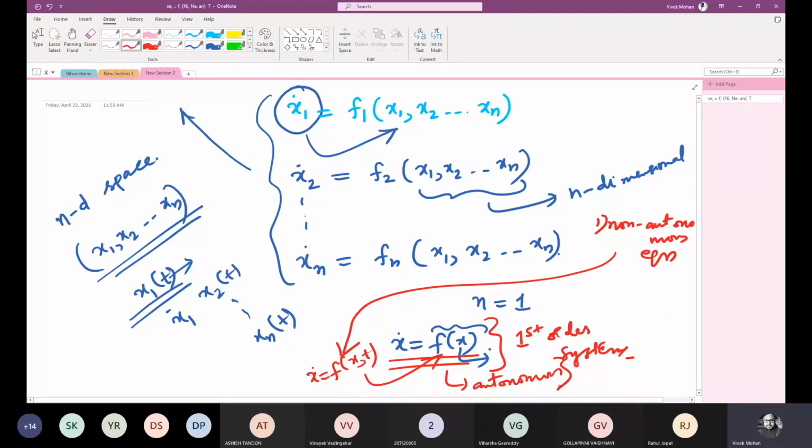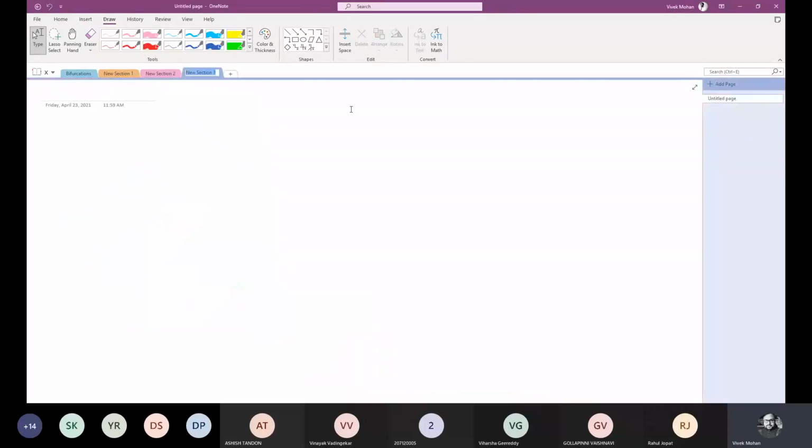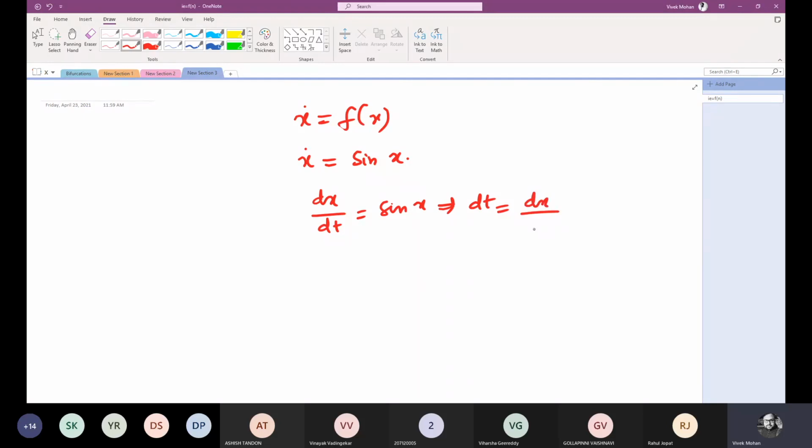Now we'll see the geometric way of thinking for these equations. Let's take x dot equals f of x as a nonlinear function, x dot equals sin x. Okay, sin x. Now, what is dx by dt? dx by dt equals sin x, which implies dt equals dx by sin x.